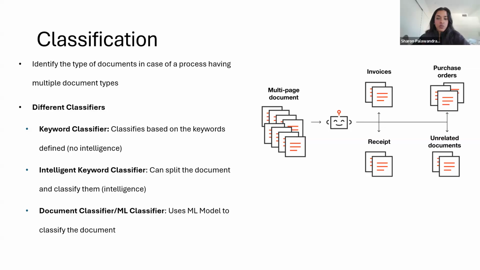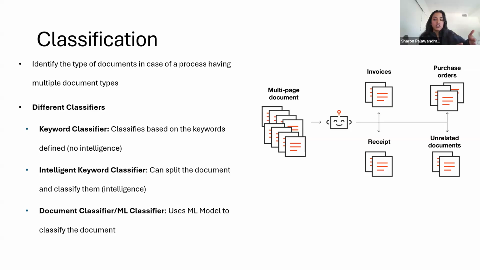A lot of what I see within the developer community is that whenever they see something complex, they automatically go, okay, we need an ML model for everything. We need an ML model to extract, we need an ML model to classify. But I would say no, try the intelligent keyword classifier first, because it has proven success in a lot of complex solutions.